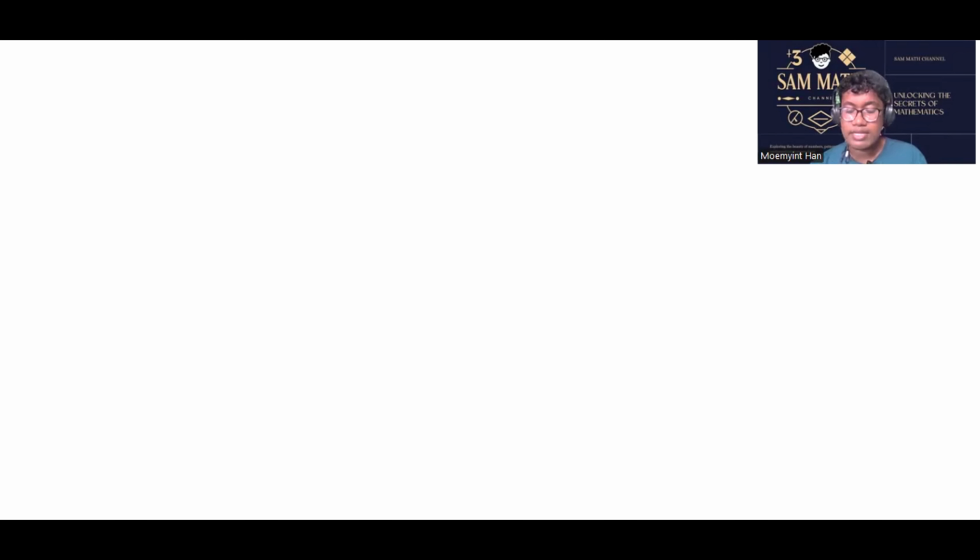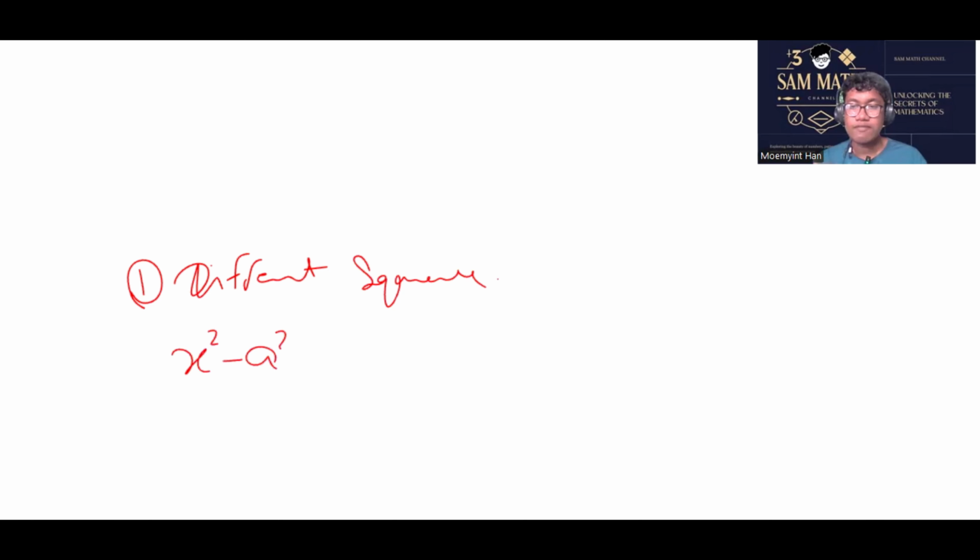The first one is factorizing a number in the form we call difference of squares. It exists in the form of a squared minus b squared. We have seen it in earlier algebra classes. This is equal to (a minus b) times (a plus b).